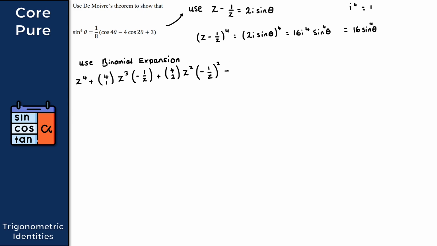So we now have 4 choose 3, we times that by z, and we times it by minus 1 over z all cubed. And then finally here we have 4 choose 4, which is just 1, but I will write it down anyway. And then we times this by minus 1 over z all to the power of 4.